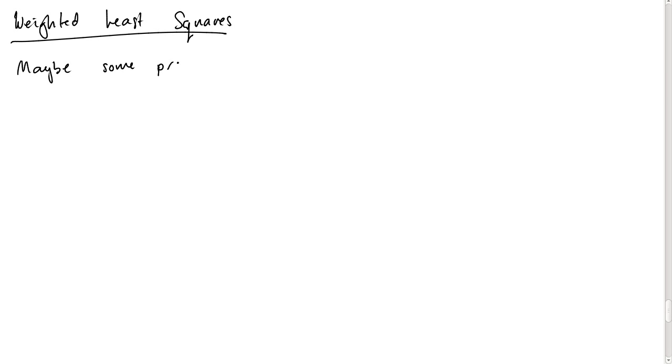Weighted least squares. Just going to give it the briefest of mentions. There'll be a problem on this in the tutorial. So maybe some data points, sorry, are more important than others.